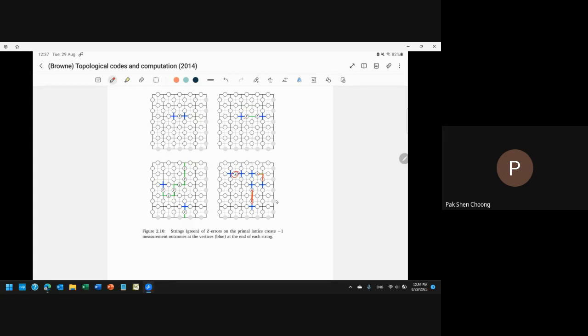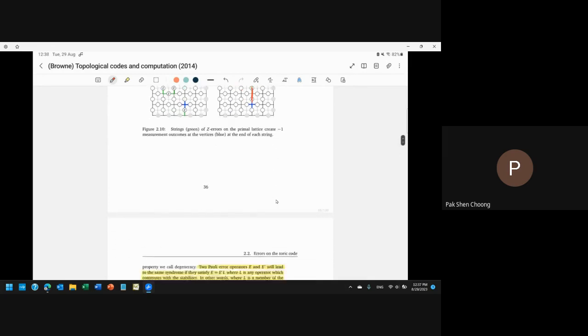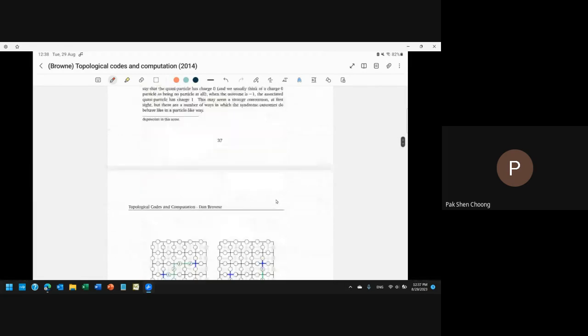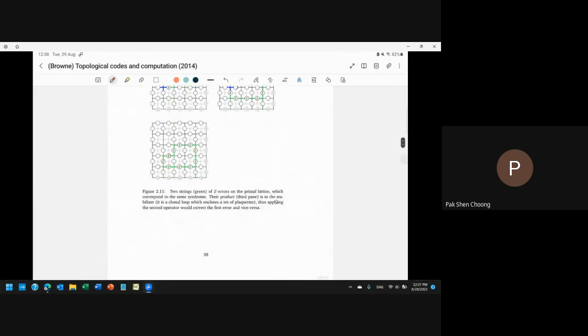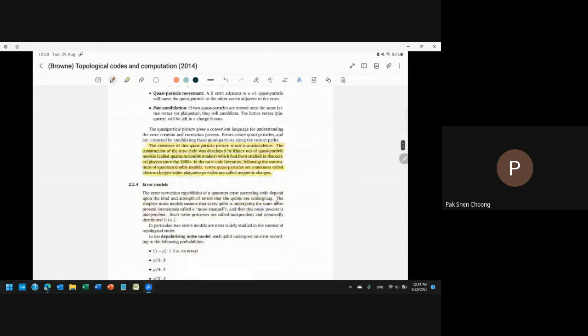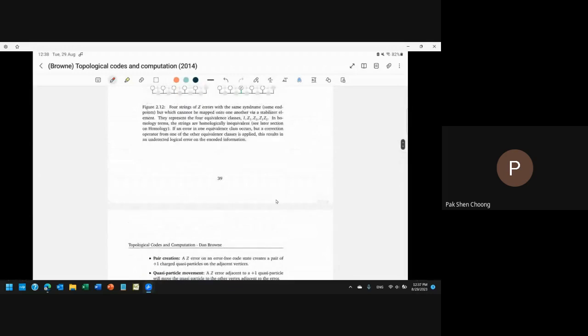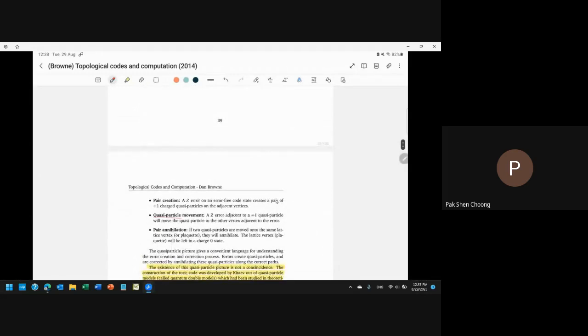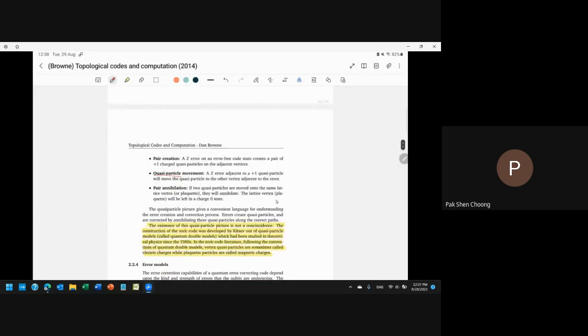These highlighted vertex operators are the ones that can detect these kinds of errors. The appearance of all these errors and how to fix them is related to quasi-particles. That's why I want to save it for the next one.